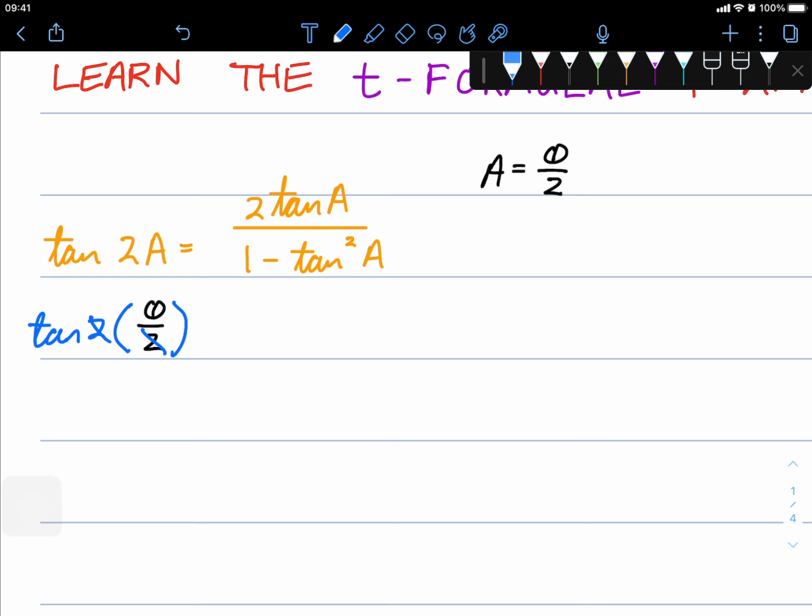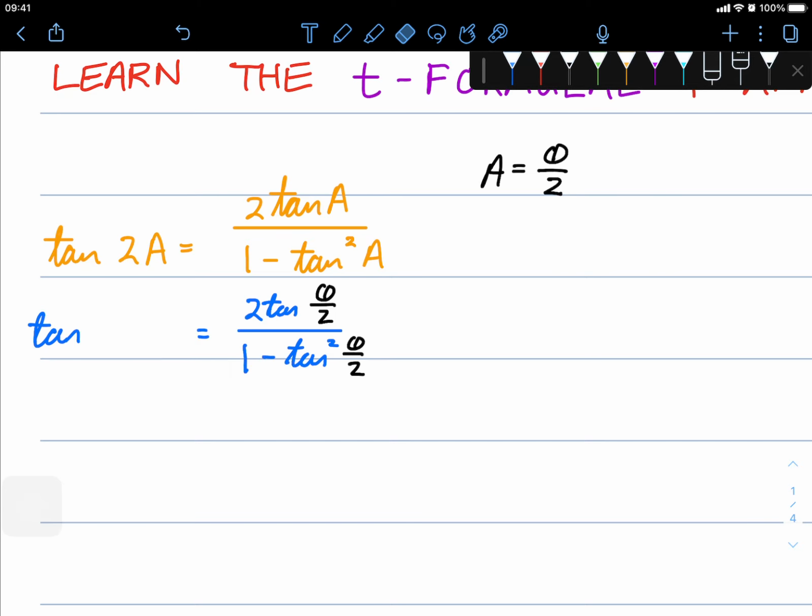That will cancel, but a is now going to be 2 tan theta on 2 all over 1 minus tan squared theta on 2. This can just simplify as tan theta, which is what we wanted.